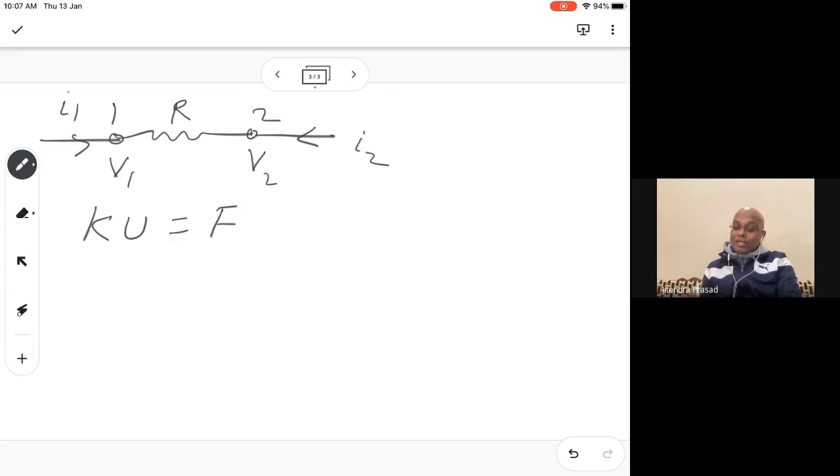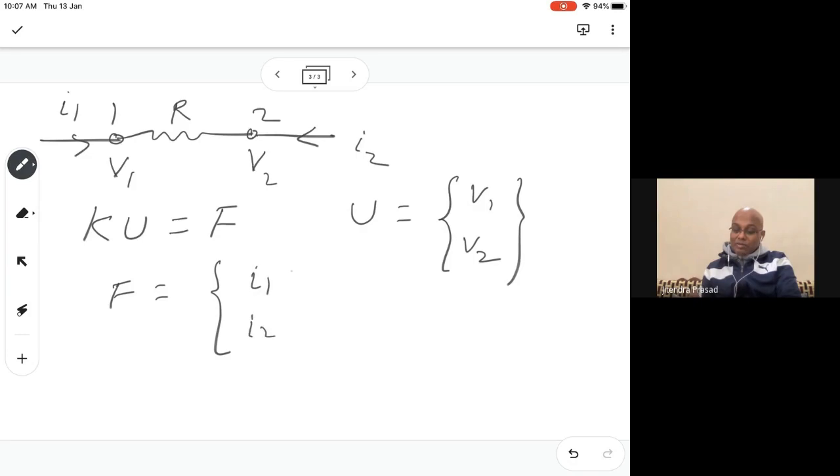U in this case is the nodal variables, which are V1 and V2, meaning potential, right? It is the U displacement. F here is the currents. So we have I1 and I2.